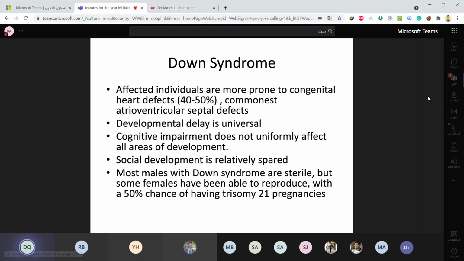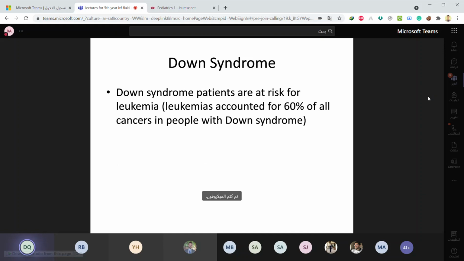Most males with Down syndrome are sterile, but some females have been able to reproduce, with a 50% chance of having a trisomy 21 pregnancy. Patients with Down syndrome are at risk for leukemia, which is 60% of all cancers in people with Down syndrome.